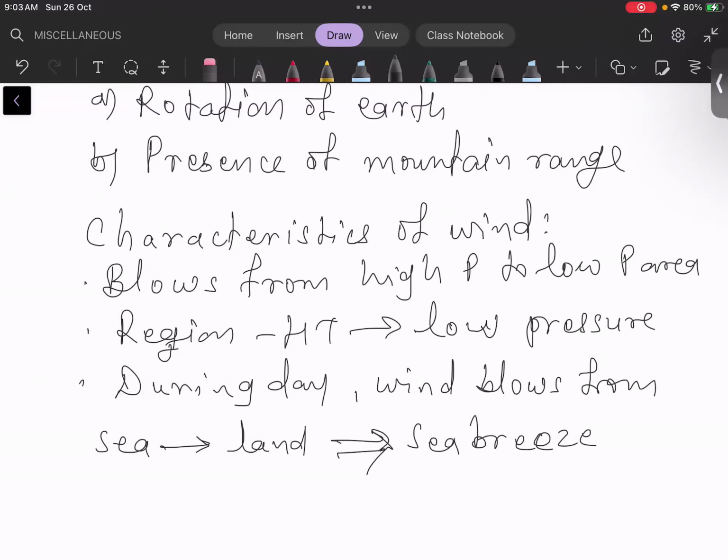Now, during night, wind blows from what? Land to sea.